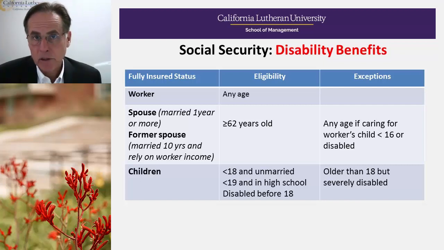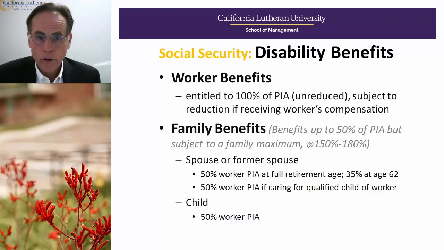And again, this would be subject to the maximum family cap. Worker entitled to 100% family benefits, up to that 150, 100 cap. Same numbers that you looked at under old age. And by the way, these slides are available to you among this week's resources.